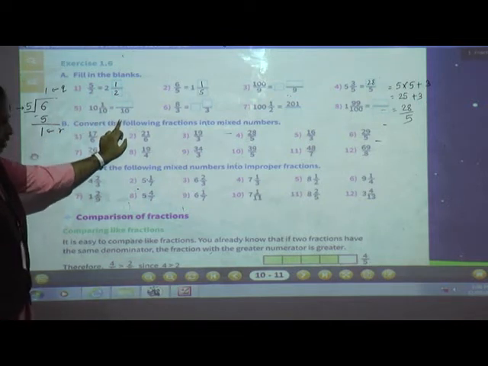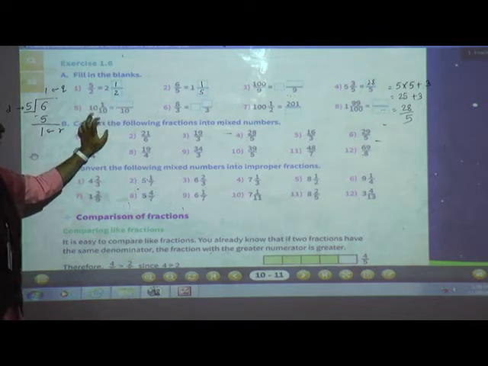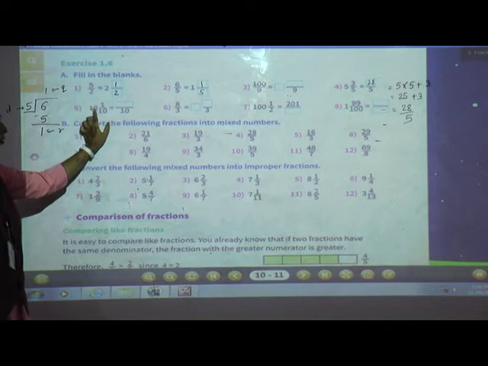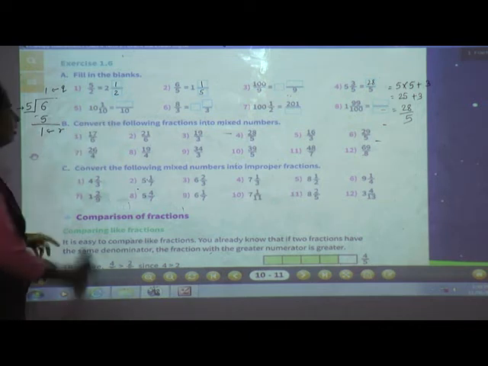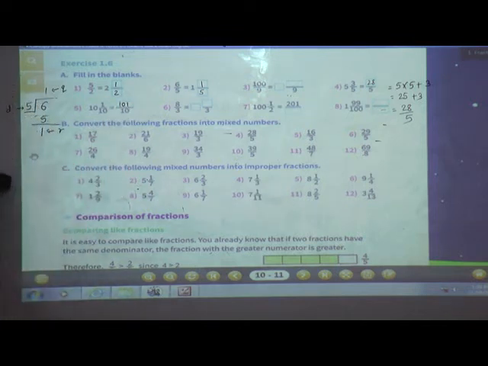Now see, the fifth one, again the same example, they have given mixed fractions, we need to convert into improper fractions. Now directly you can do it. What is this? Whole number. We need to multiply the whole number and the denominator and add the numerator. Now see, 10 tens are 100, 100 plus 1, 101. Isn't it? Yes.